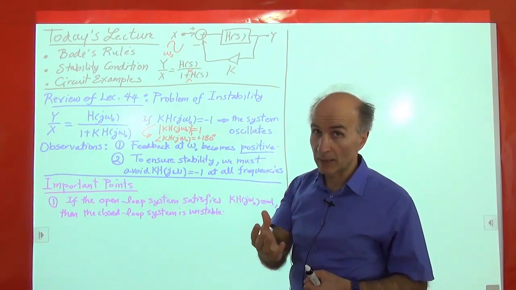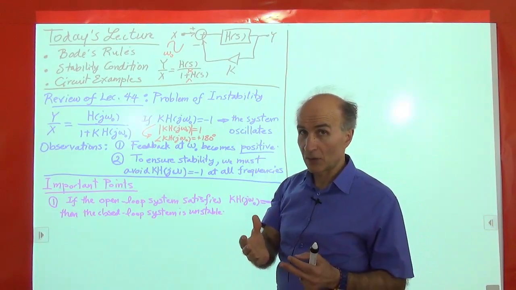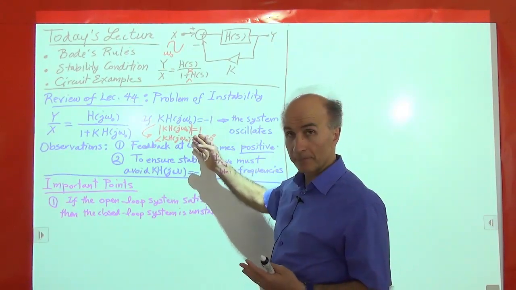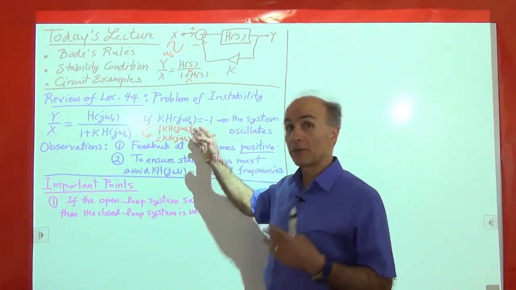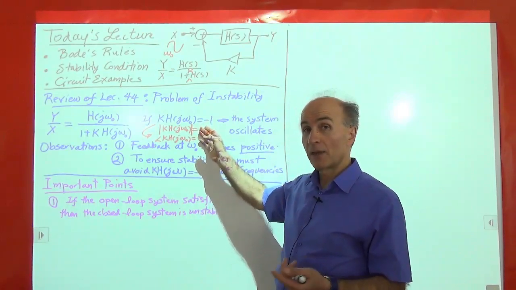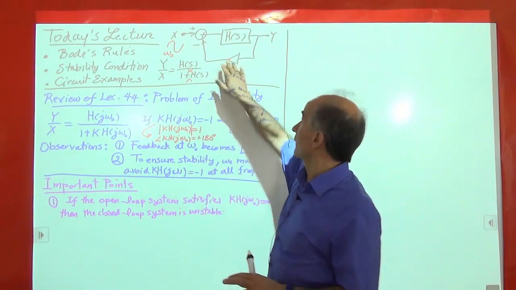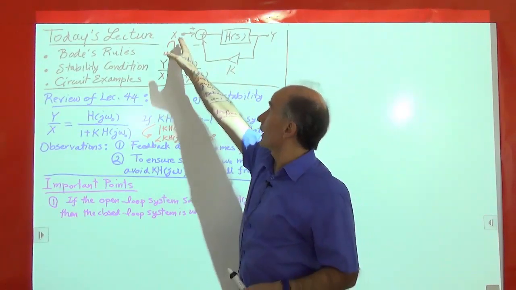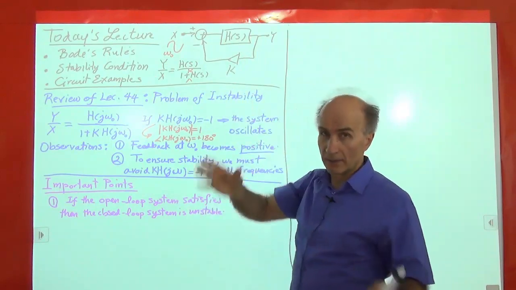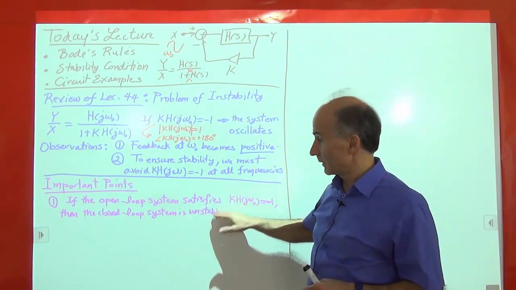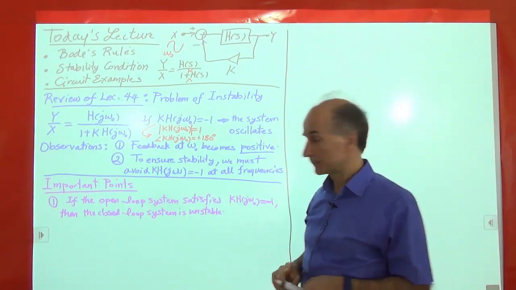The loop is broken. We found k times H, and we analyzed it to see if something like this can happen, right? And if it does happen like this, then it is the closed loop system that will oscillate. Meaning that after we close this loop and we have an input here and an output here, then the system will oscillate. So these are two different things and must not be confused with one another.